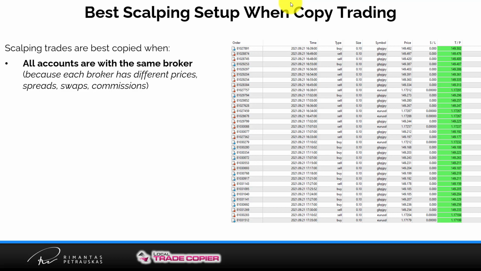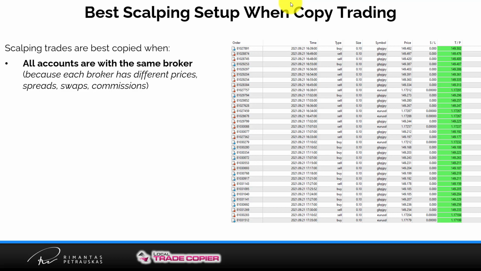Let's say it's like 0.7 pips, like 7 points, and then the entry price was different as well. In the end, when the master takes a take profit, it sends a signal to the client account saying, hey guys, look, I just closed the trade. You have to close the trade as well.